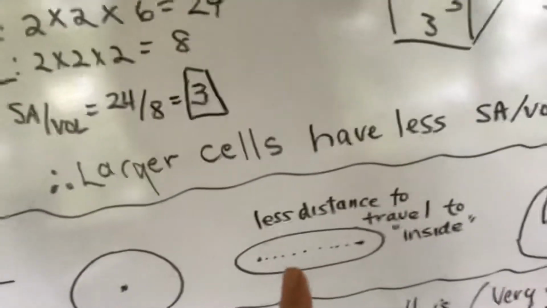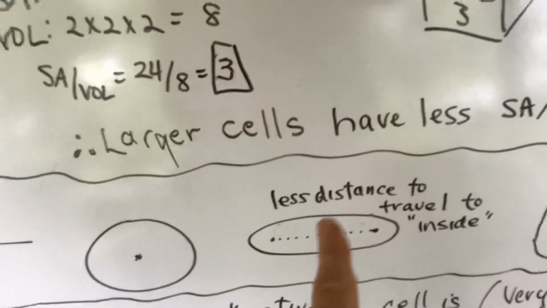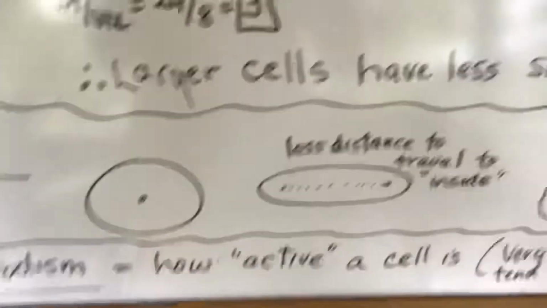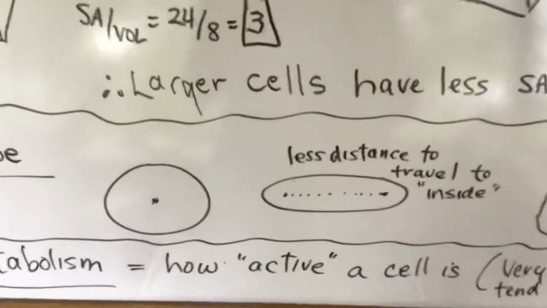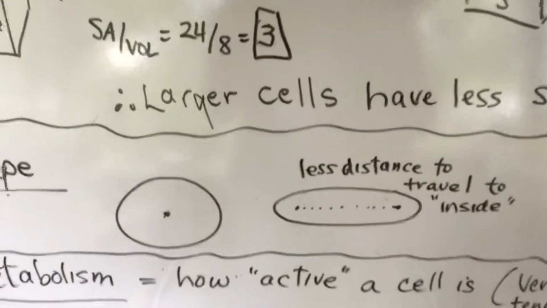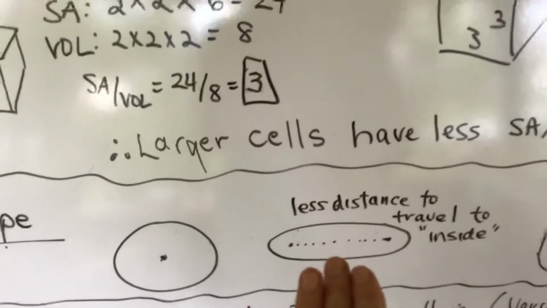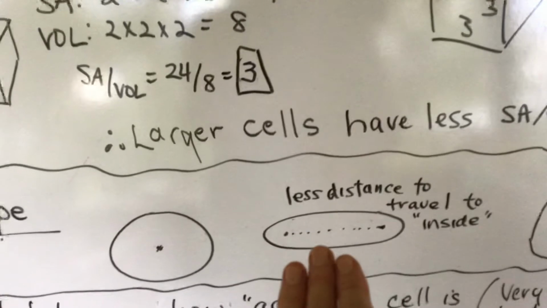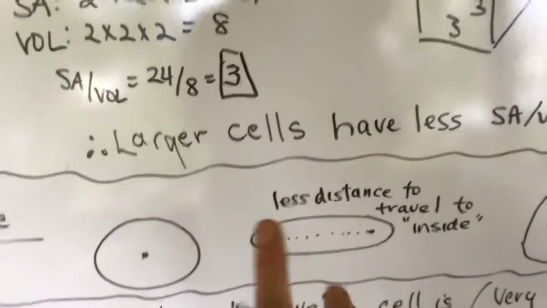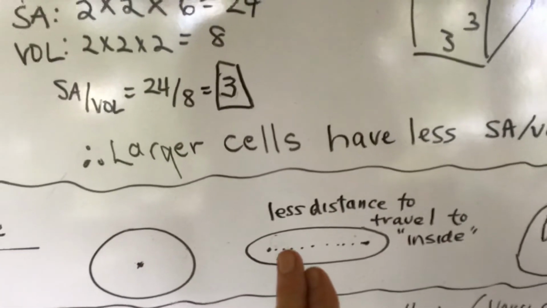Then I've decreased the distance to the center. So a lot of times really large cells will be oval instead of round. So the larger you get, you can change the shape of the cell to counteract that surface area to volume problem.